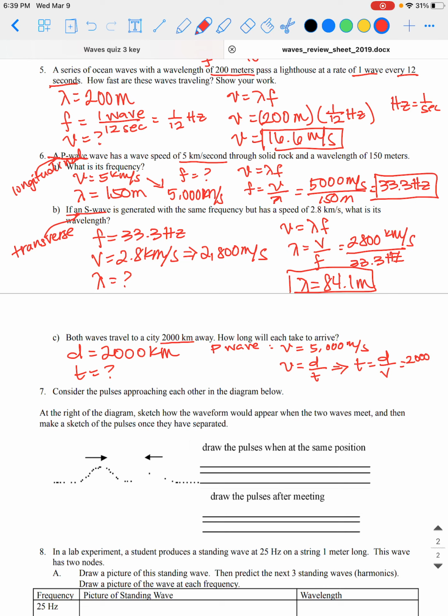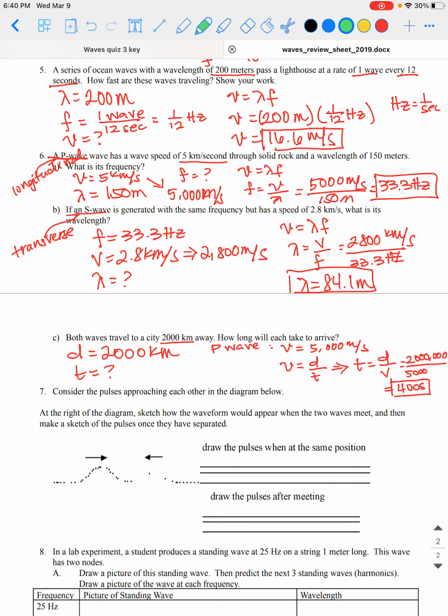This is in kilometers, so it's actually 2 million meters over 5,000 meters per second. And that gives me a time of 400 seconds.